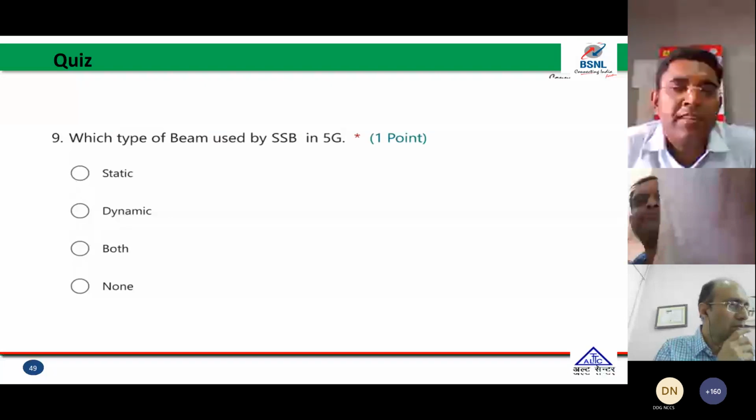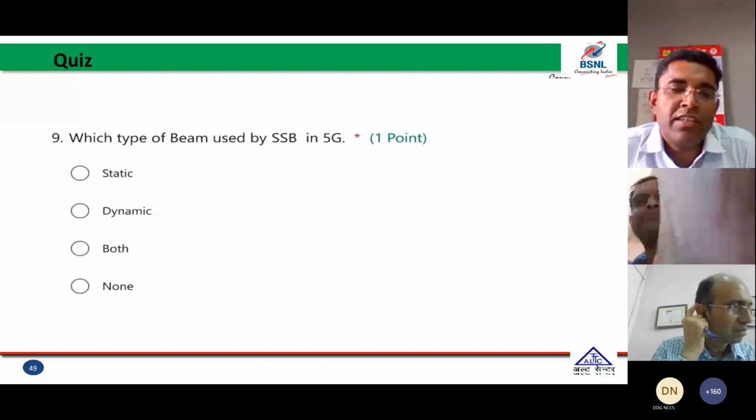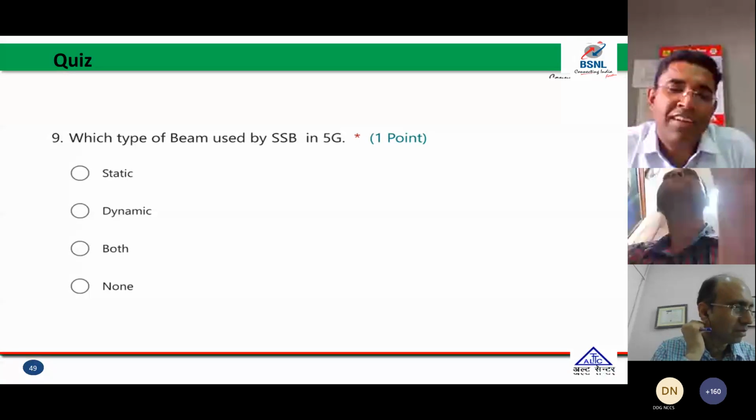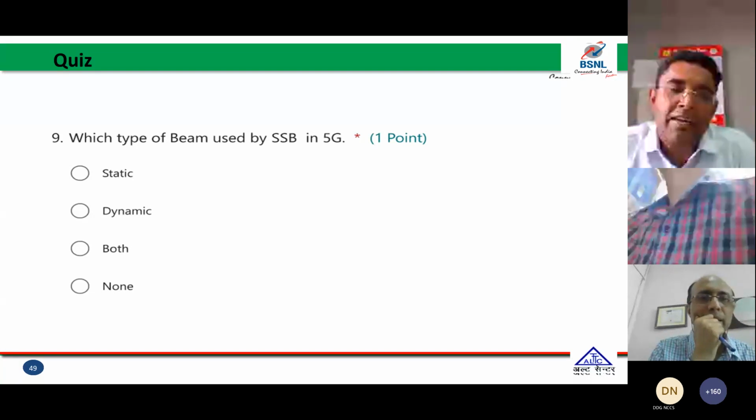And the last question is, which types of beam are used by the SSB in 5G? Static, dynamic, both, none. No, sir, I have already told you, the SSB beam is the control channel beam. It is a static beam. It uses predefined weights.